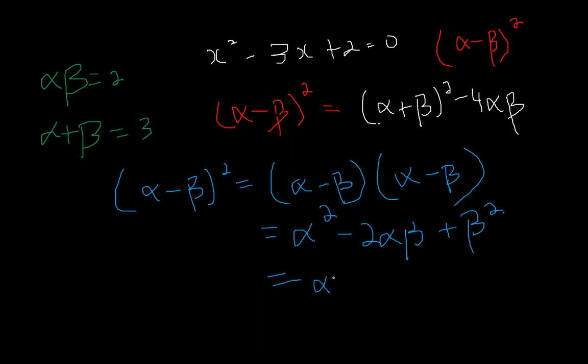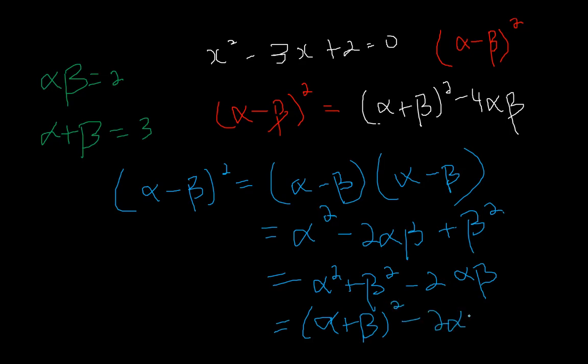Just like we did before, rearrange it to get this minus 2 alpha beta. And we know that alpha squared plus beta squared is the same as alpha plus beta squared minus 2 alpha beta.